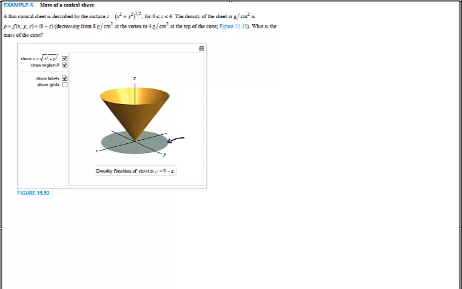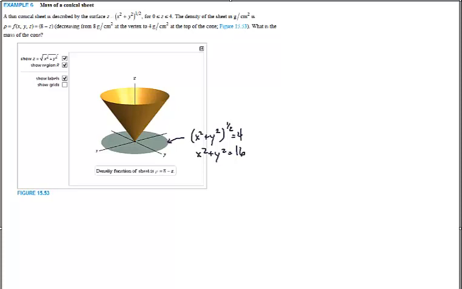That means that our z goes at maximum to 4. That means that x squared plus y squared equals 16, and that is going to be our disk, or our projection onto the XY plane.